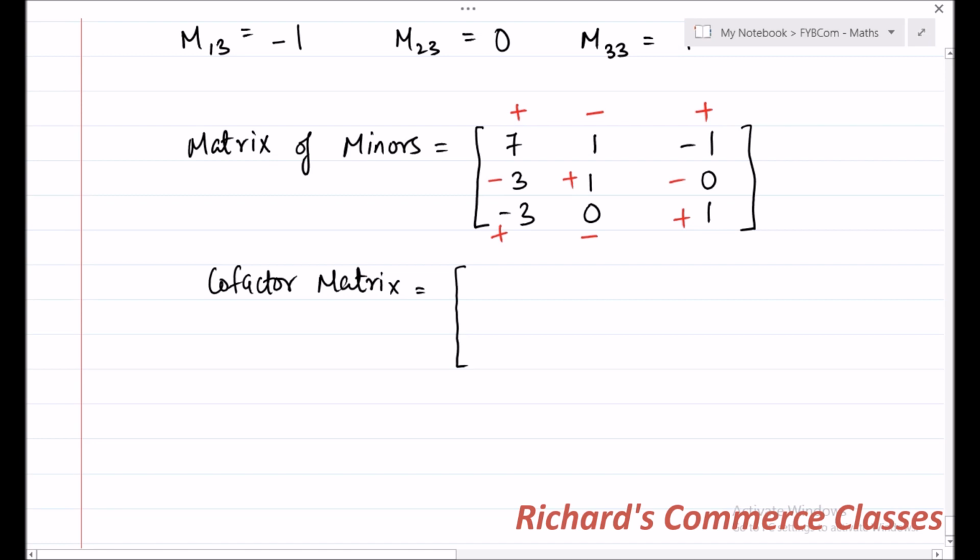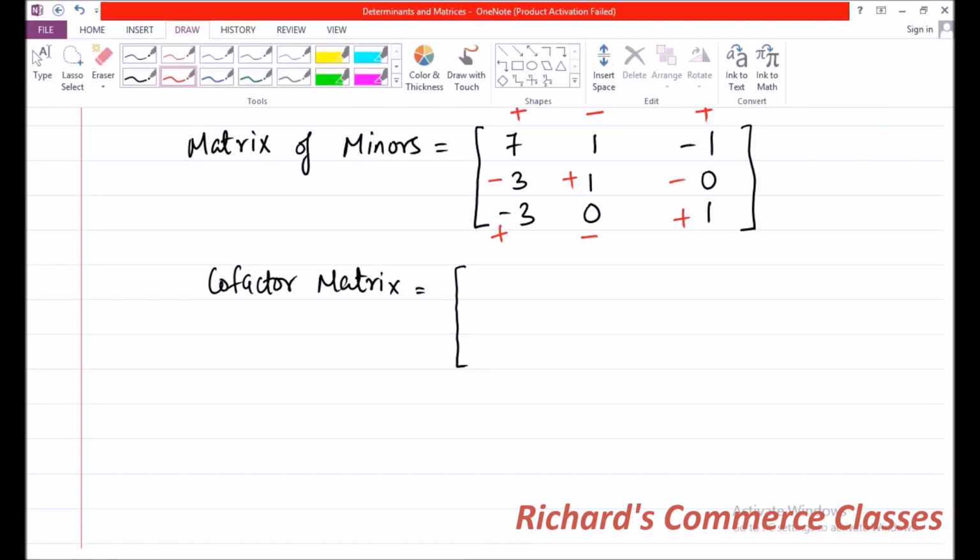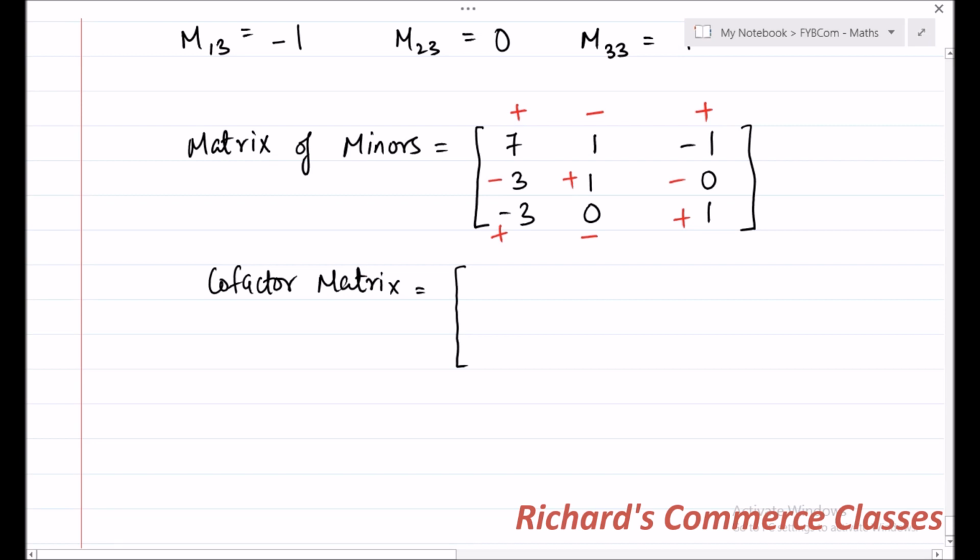Two consecutive elements will not have the same sign. You have to keep changing the sign. So applying these signs, it will be plus 7, minus 1, plus into minus is minus 1, minus 0 is 0, plus 1, 0, plus into minus is still minus 3, here minus 3 and plus 1. This is your cofactor matrix.